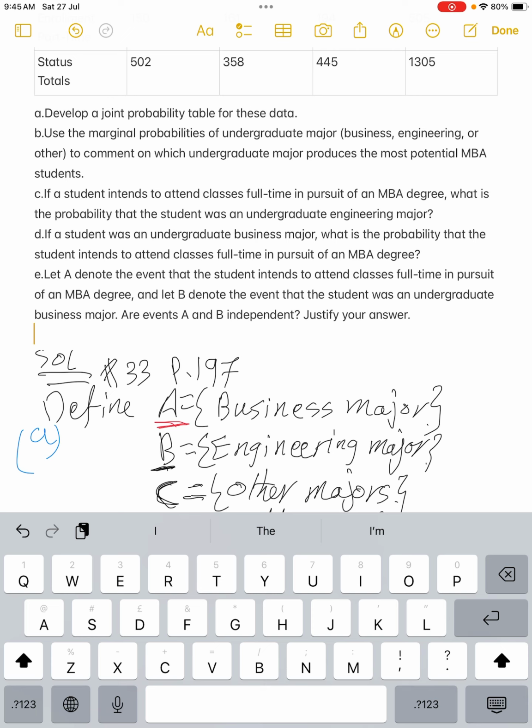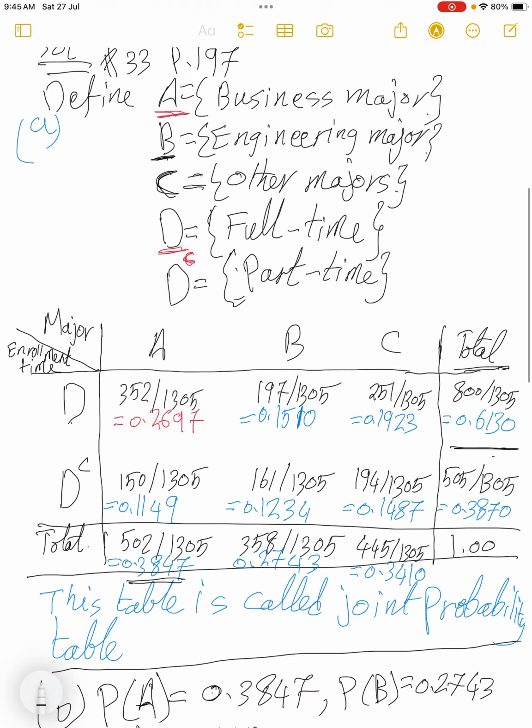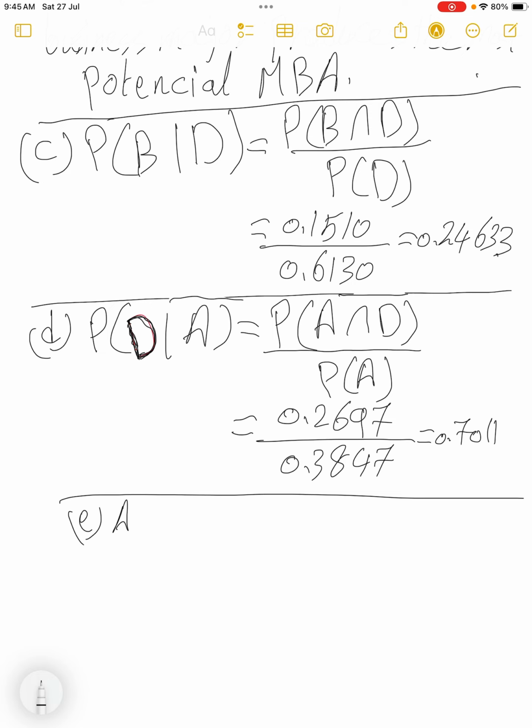I will not follow these symbols, since I made another symbol for me: A for business and D for full time. Then are events A and B independent? Justify your answer. Are A and D independent?